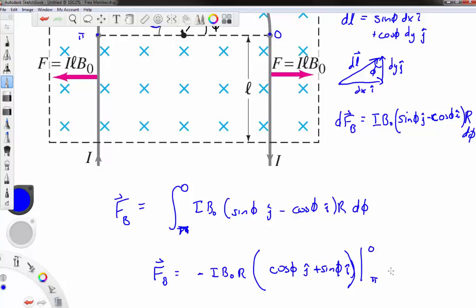And so basically this whole net force is going to be, and actually I said keep track of the signs. If we integrate it this way, you get a plus sign here. I basically insert a minus sign here to keep track of my direction. You're going to end up getting that this force is 2 times I times b naught times r times j hat.